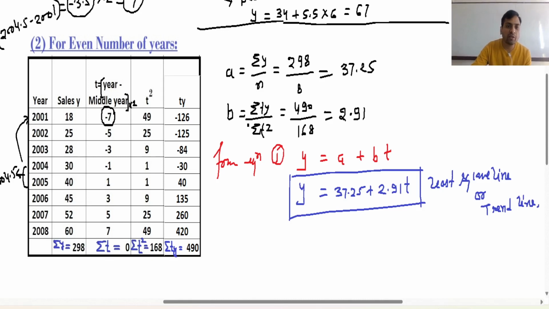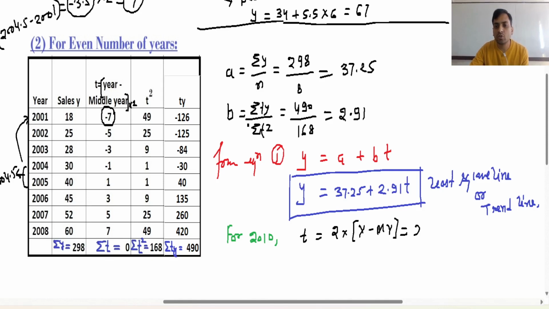And now you need to predict for 2010. So for 2010, we will find the value of t. So t equals 2 into year minus middle year. We will use the same formula, year minus middle year into 2.